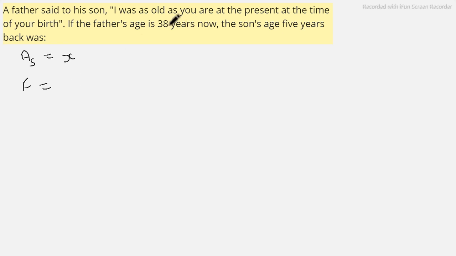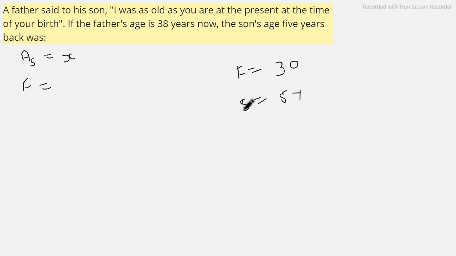According to this question, what the father is saying is that I was as old as you are at present at the time of your birth. So for example, if a father is 30 years old and his son is 5 years old right now.